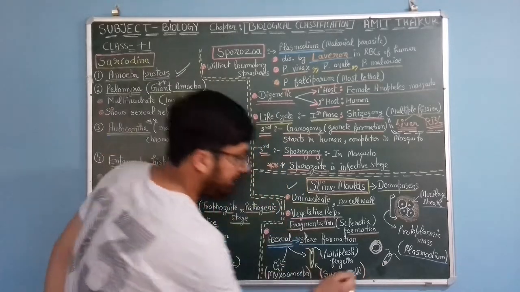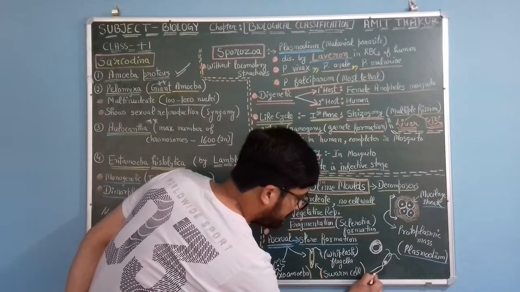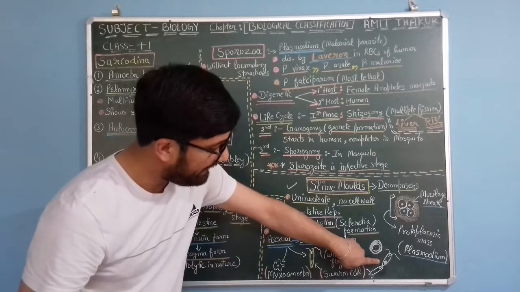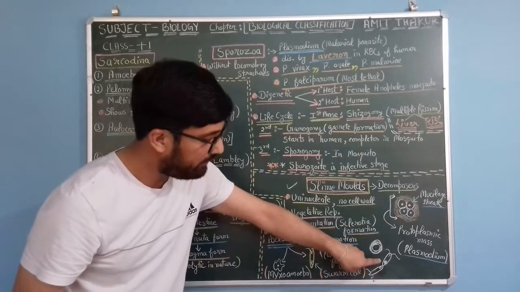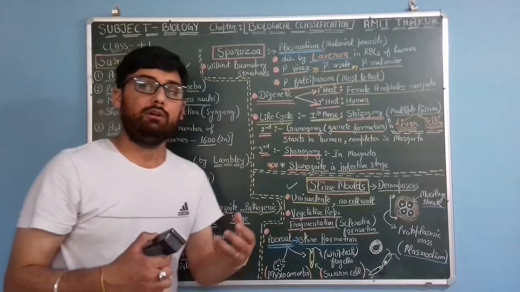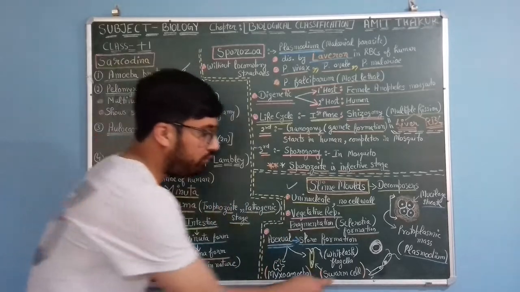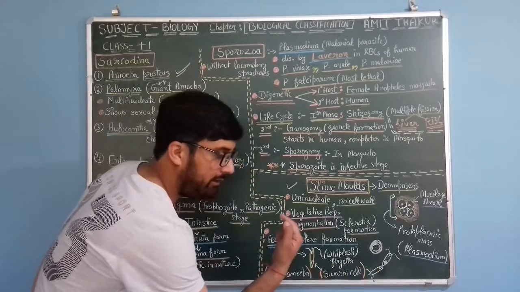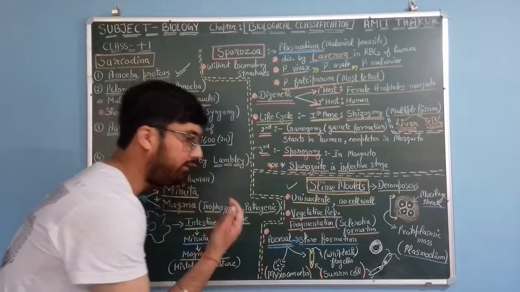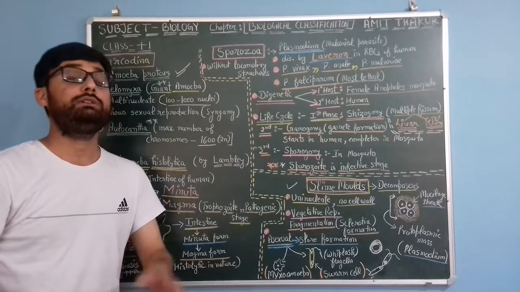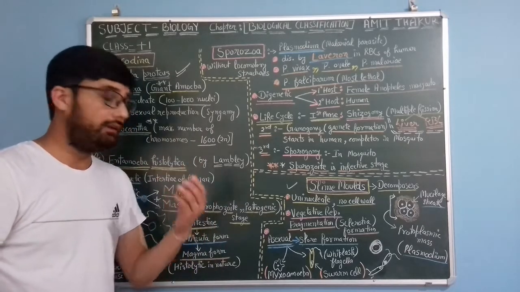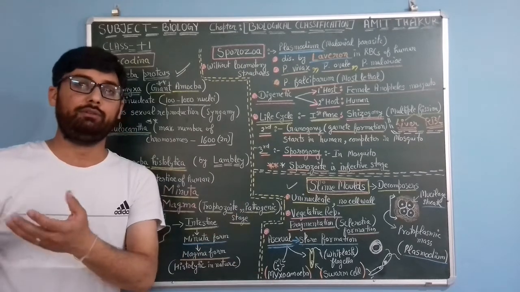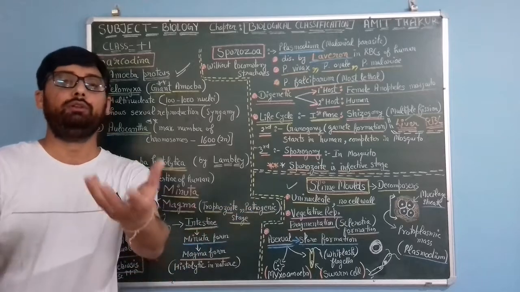Two swarm cells fuse with each other at the posterior end, and this is the anterior end. They form a single cell, which after some time changes again into myxoamoeba. Then again the same thing happens, two similar daughter cells.